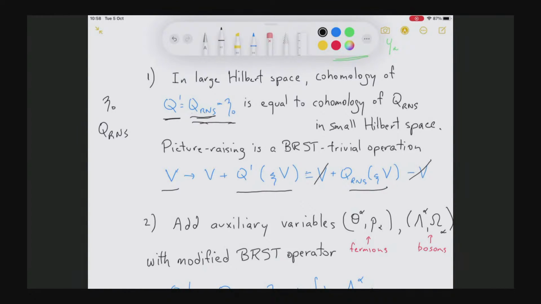Then we're left with the picture raised version of the vertex operator. So if we work in a large Hilbert space and modify the BRST operator to be the difference of these two, then the cohomology of Q prime is just the cohomology of states in a small Hilbert space. And I'm assuming that the picture is finite again. Are there any questions about that step?